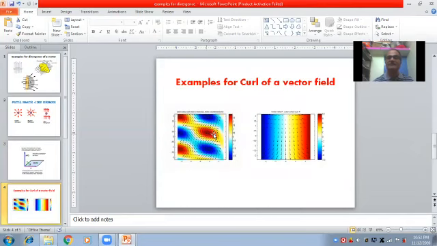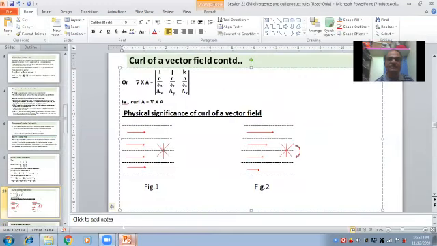So this is an example for the curl of a vector field. And here also we can see these arrow marks are rotating as we are coming down. So this is an example for the curl of a vector field. The physical significance of the curl of a vector field is explained with the help of this example also.